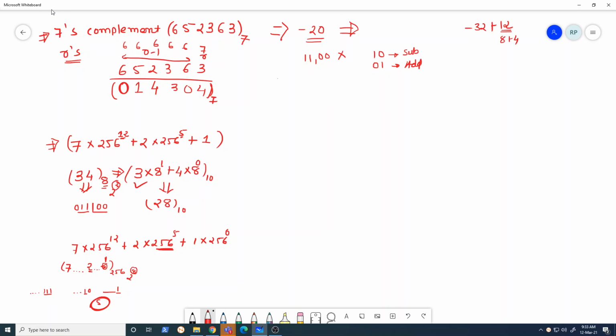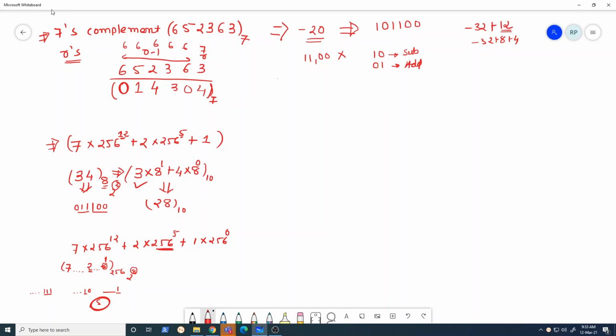Minus 32 plus 8 plus 4. So minus 32, 16, 8, 4, 2 and 1. Or what you can do, just represent plus 32 and take 2's complement of it.